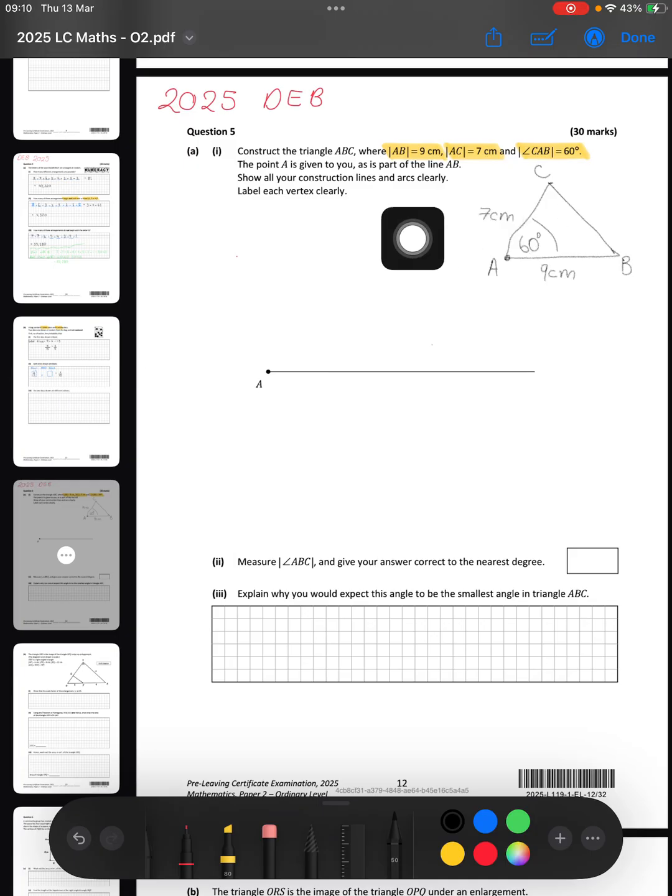And now I need to actually construct the triangle. You have a full playlist of how to construct these, and this is one of the easiest constructions you can get. The first thing you're going to do is draw a line that is 9 centimeters using your ruler. Then set your compass needle to the end point of that and stretch the pencil out to the other end, so that you have an arc there.